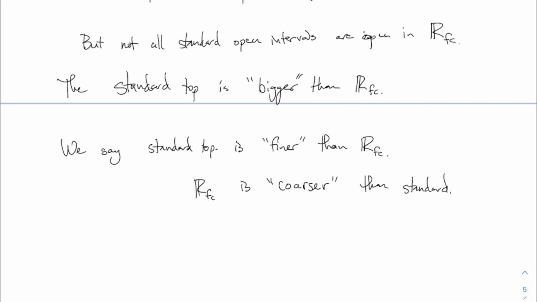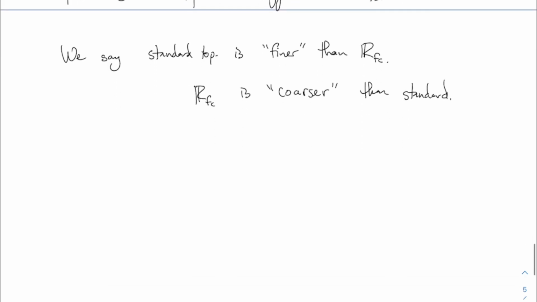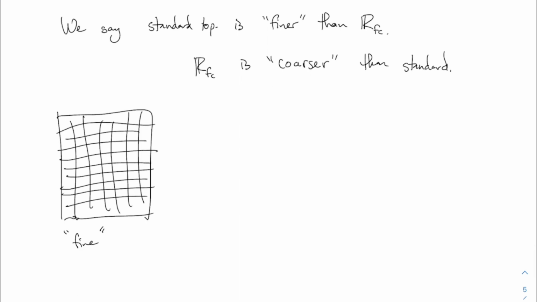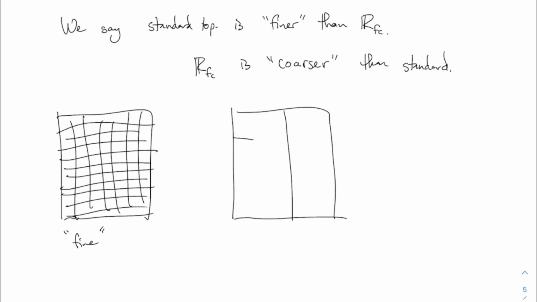Finer versus coarser. The idea behind this is that fine looks like if I have a big set and I divide it into tons of itty bitty little bitties. That's finer. Whereas coarser is I divide it up into bigger bitties, not as fine. So this is coarser.